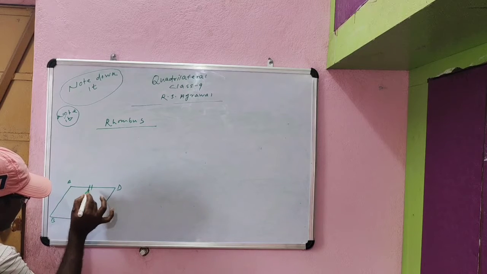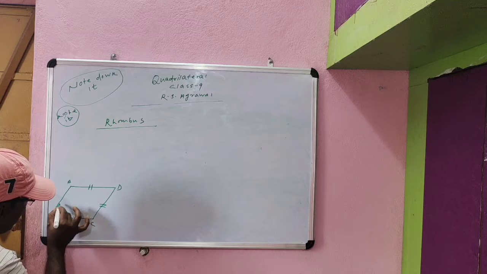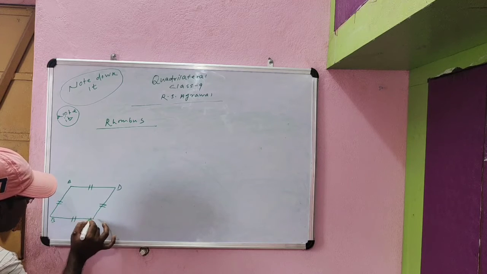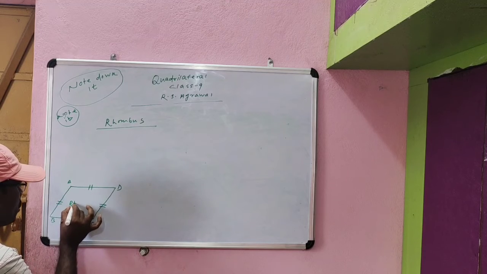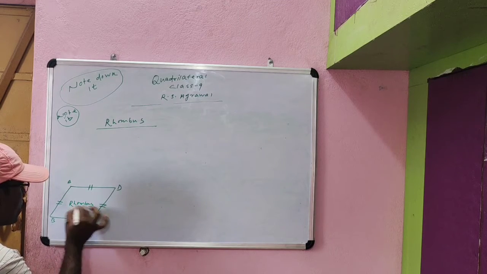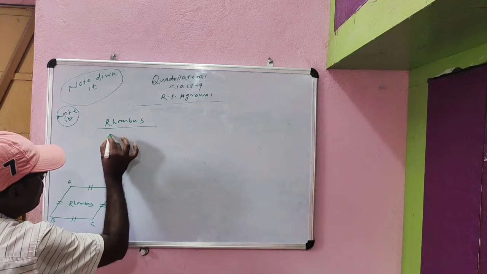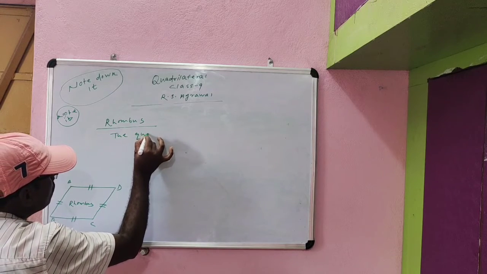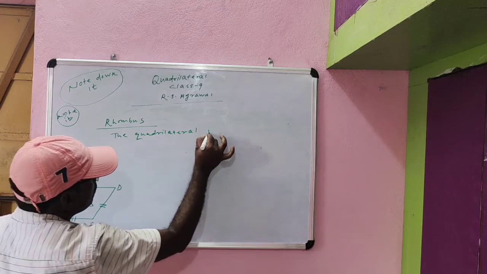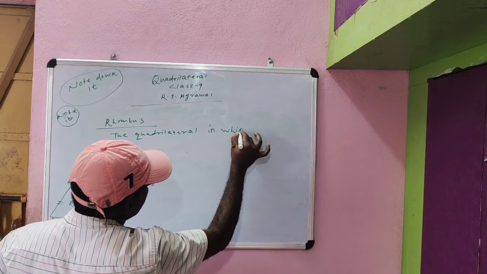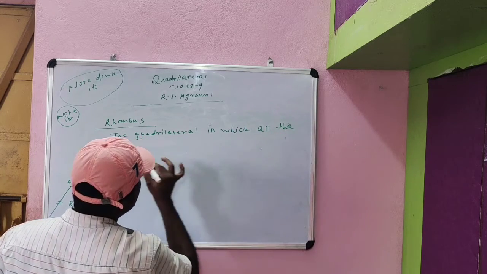All the four sides, AD, DC, BC, AB, are equal. Such type of quadrilateral is called a rhombus. So the definition of a rhombus is the quadrilateral in which all the four sides are equal.